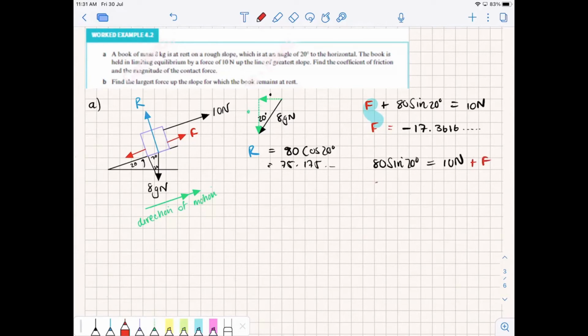All right, and if I solve for F this time, I will get 17.3616 newtons. So now I got a positive number. That means that the force is actually happening in the direction that I assumed. Does that make sense to all of you guys?